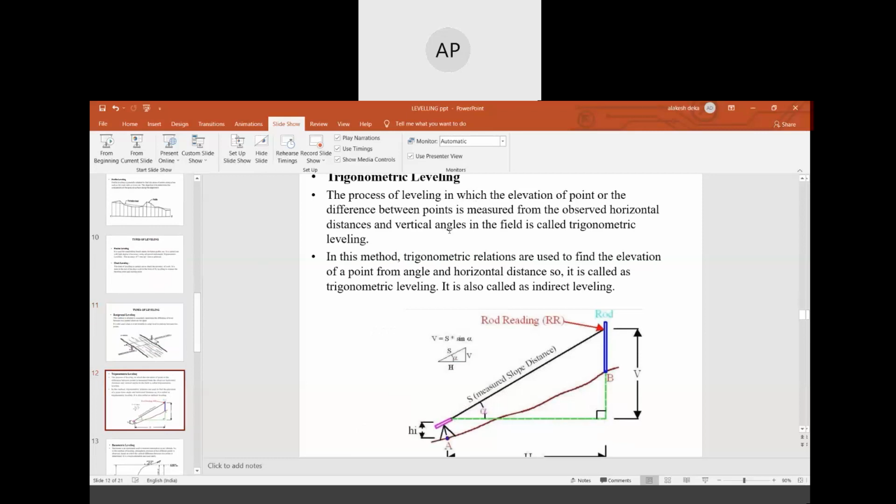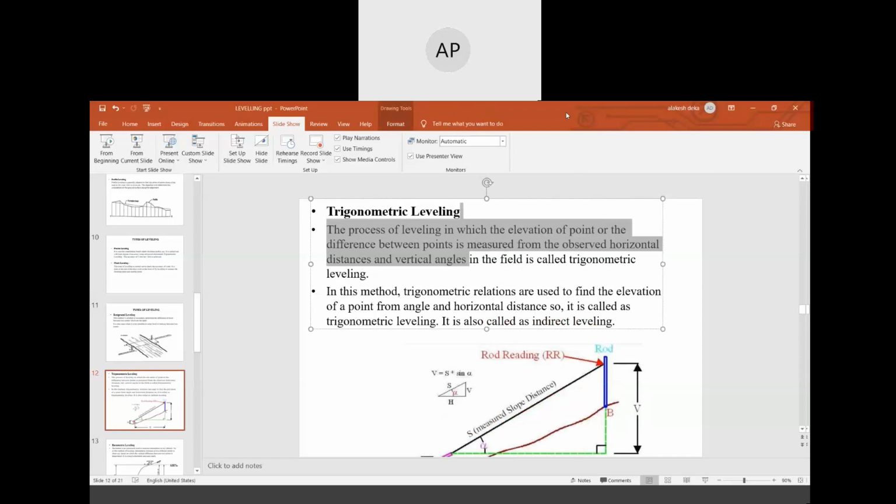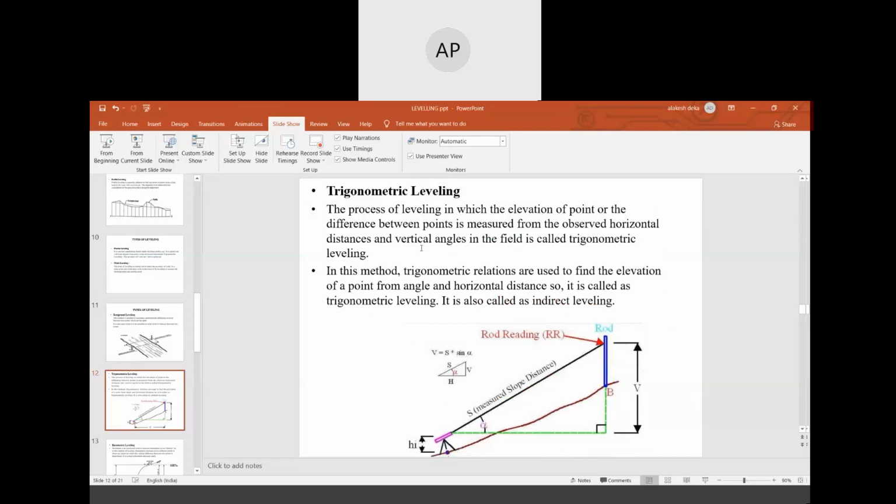Next, trigonometric leveling. This is the process of leveling in which the elevation of points or the difference between two points is measured from the observed horizontal distance and vertical angles in the field.